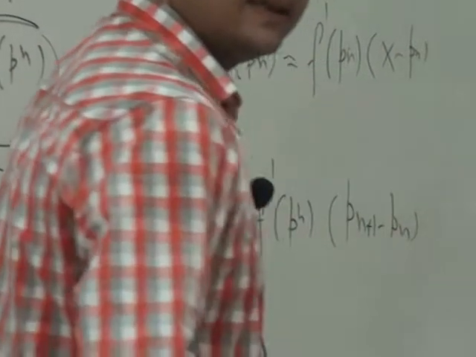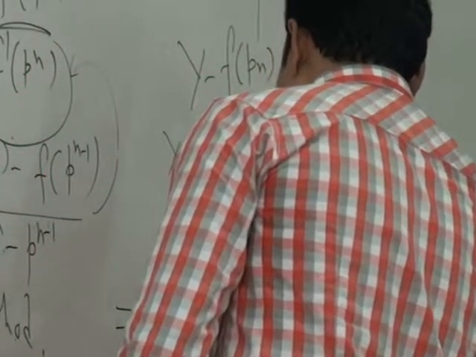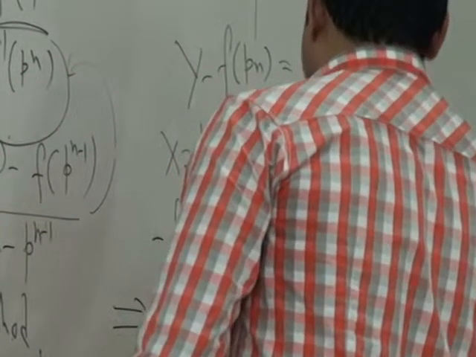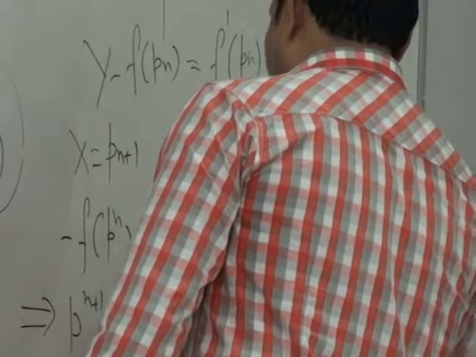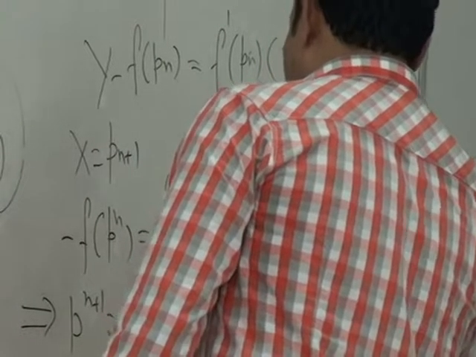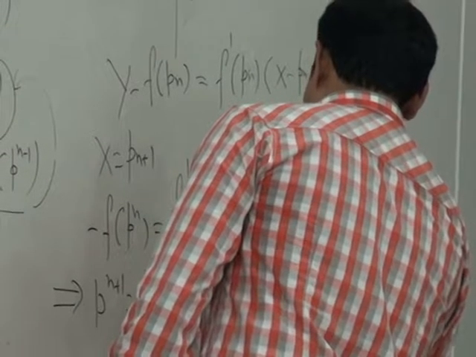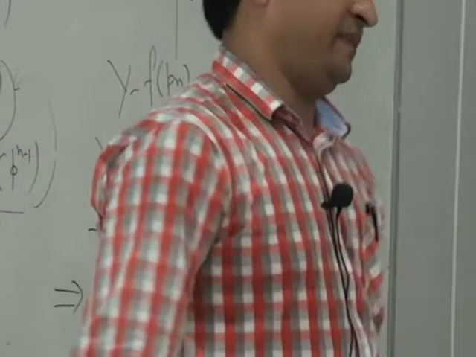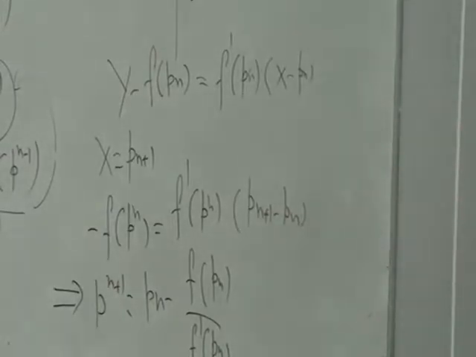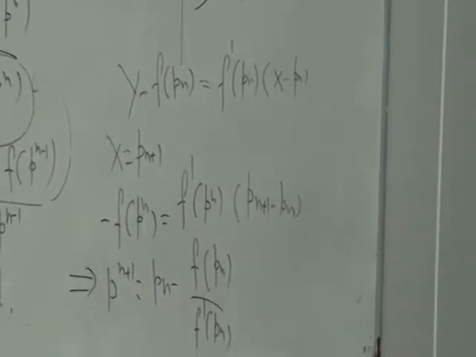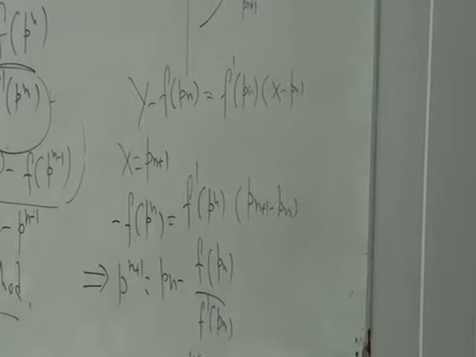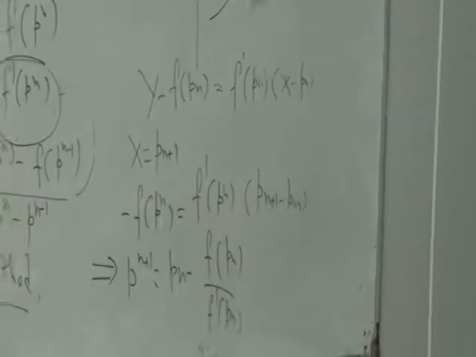Now you get the same answer. If you do this calculation, you get Pn plus 1 is equal to Pn minus Fpn divided by f dash Pn. That's what it is. Here you are using the idea of a tangent line.